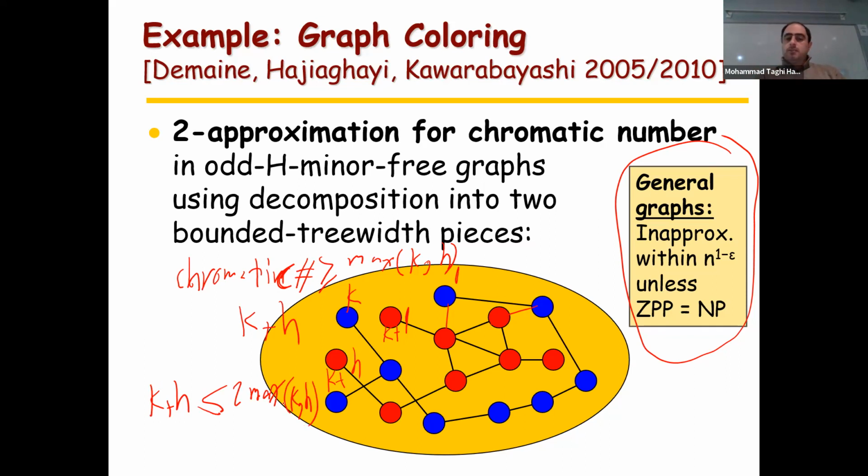Because the maximum is always at least as large as each of them. And of course, this is less than or equal to 2 times the chromatic number of the graph. So it means that our algorithm is using at most 2 times the chromatic number. So we get a 2 approximation for this problem.